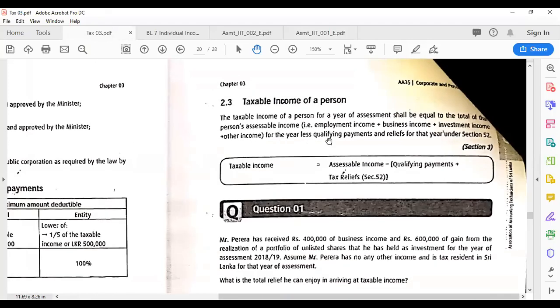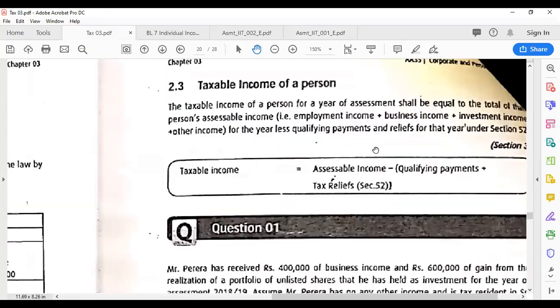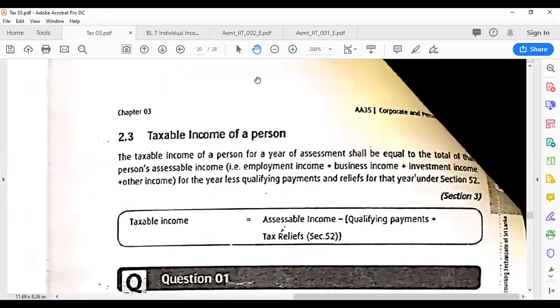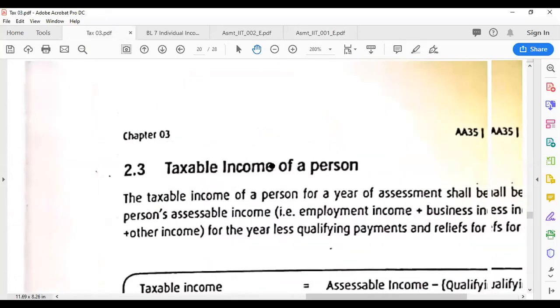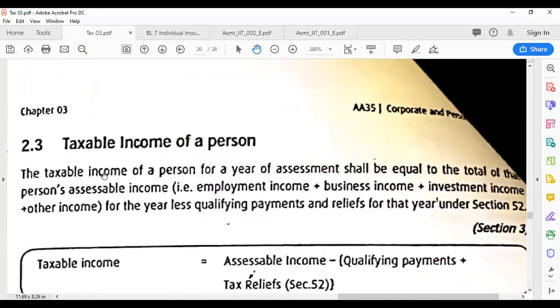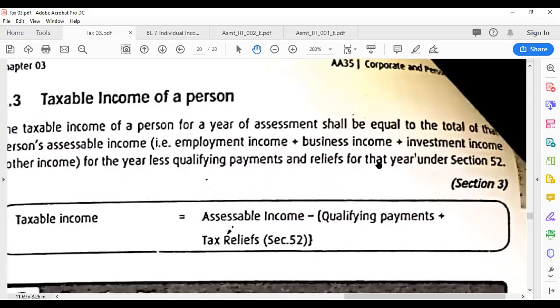The taxable income of a person for a year of assessment shall be equal to the total of the person's assessable income, that is employment income, business income, investment income, other income for the year, less qualifying payment and relief for the year under section 52.